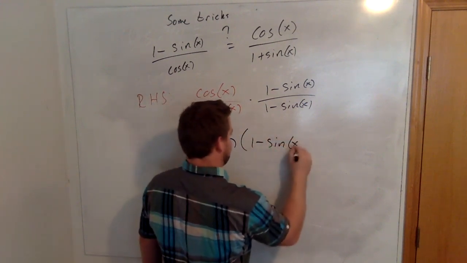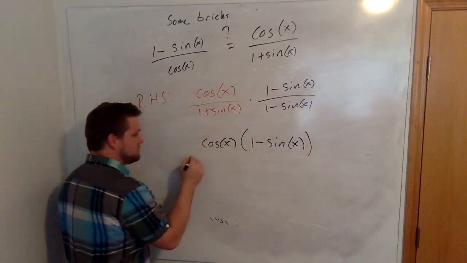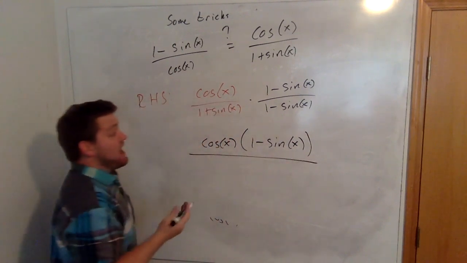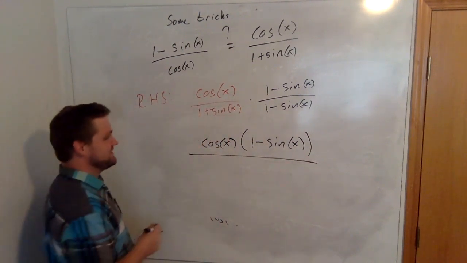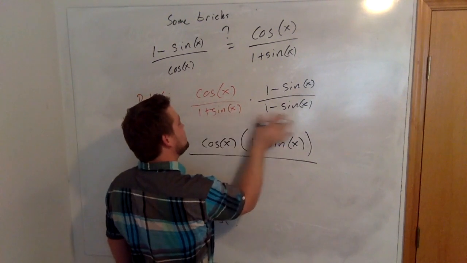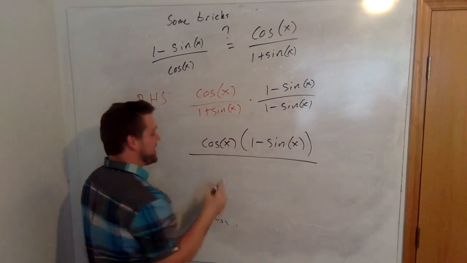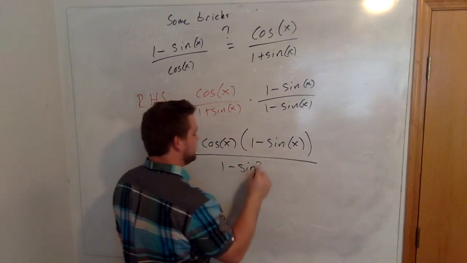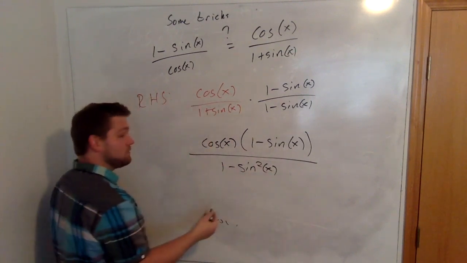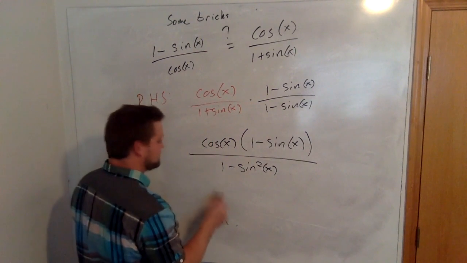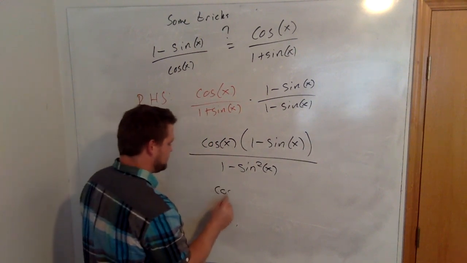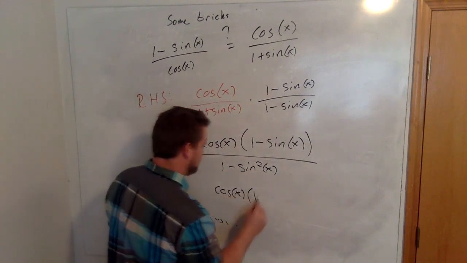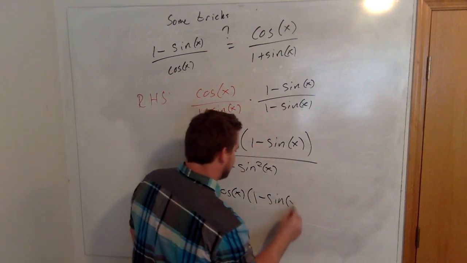Don't forget those parentheses. Half of the mistakes I see in math come from just not being paranoid enough with parentheses. And now when the denominators multiply, that's that difference of squares pattern, we're going to get a 1 squared, or just a 1, minus a sine squared of x. But 1 minus sine squared is the same thing as cosine squared. So we'll have a cosine of x times a 1 minus sine of x on top.